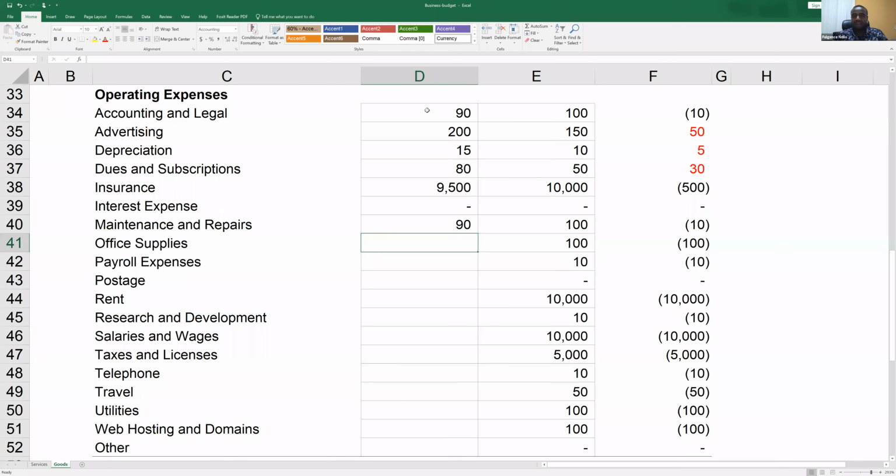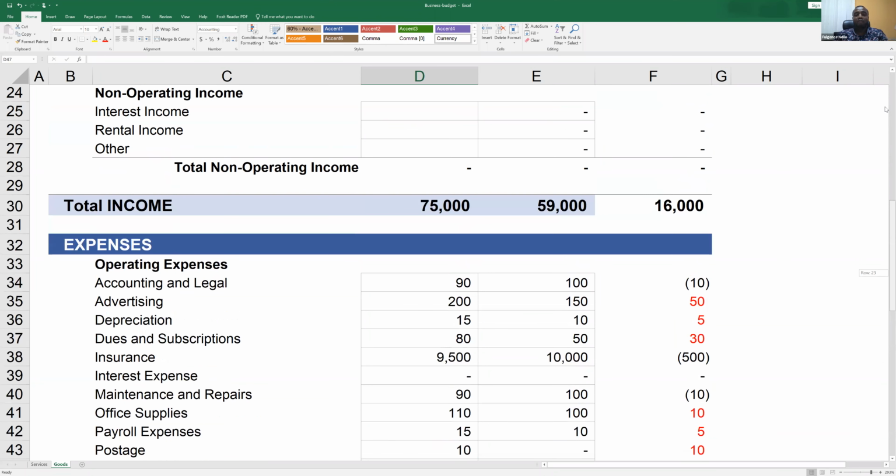Other office supplies, can say 110. Payroll expenses, 15. Postage, maybe there was 10 postage. Rent, it increased. Research and development, you did some awesome work. Salary and wages, 12. And remember, you see the kind of template. Whenever you have an over expenditure to your budget, it turns red. So it shows you have to concentrate on that field and check.